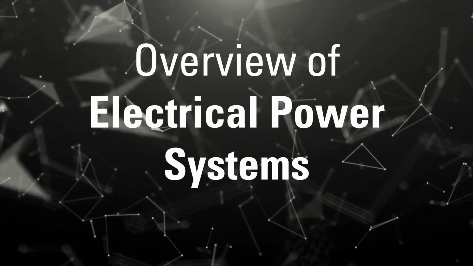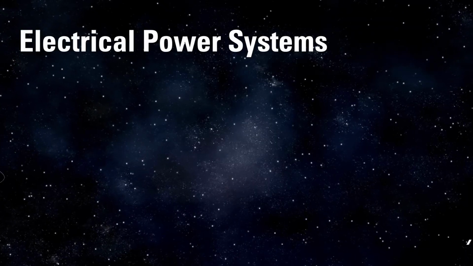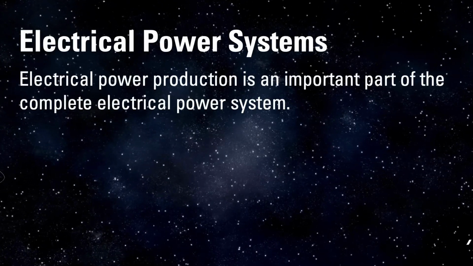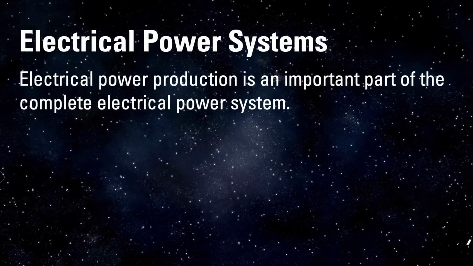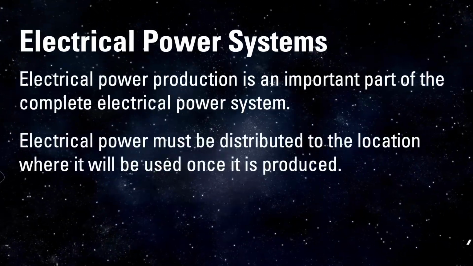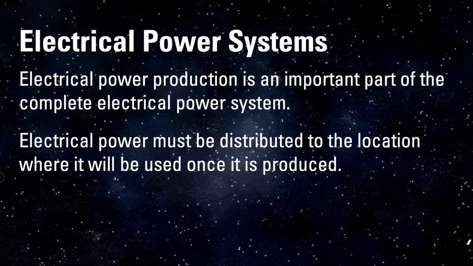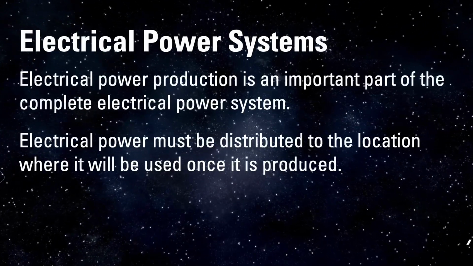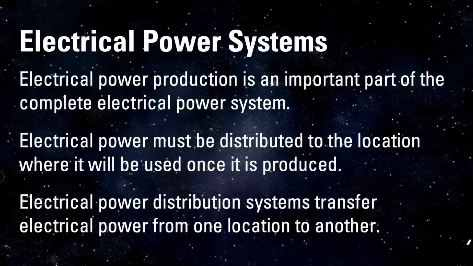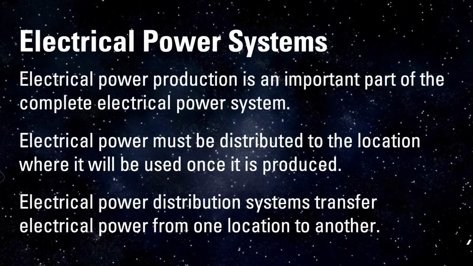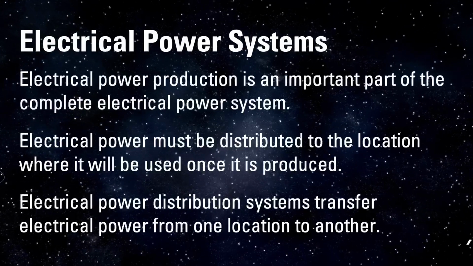We will now talk more about electrical power systems. Electrical power production is an important part of the complete electrical power system. Electrical power must be distributed to the location where it will be used once it is produced. Electrical power distribution systems transfer electrical power from one location to another.